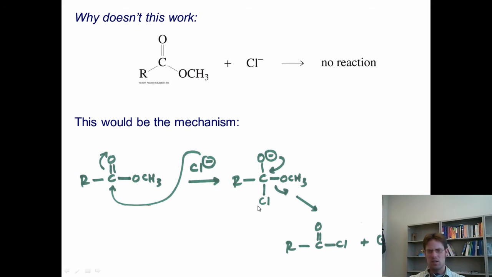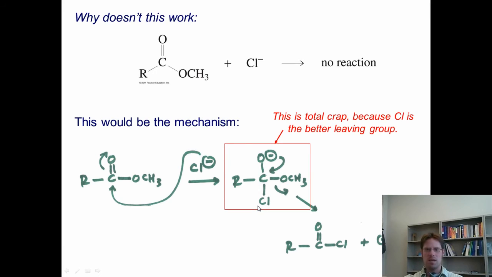Why doesn't it occur? Well, the reason is because this step is very unfavorable. Why? Because a chloride is a better leaving group than an OCH3. Chlorine is better able to handle a negative charge. So when this negative charge comes down to close that and form a double bond, in reality it would not kick off an OCH3, it would kick off the chloride and go back to the starting material.